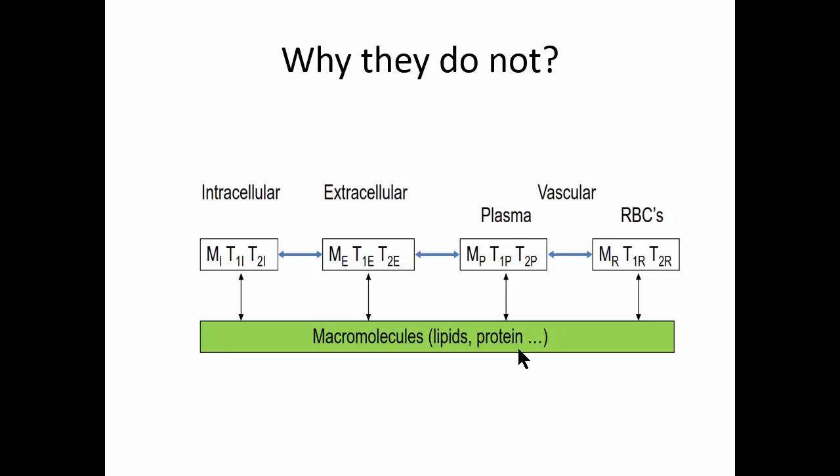This is a pool of many, many proteins associated with these lipids and proteins. And those proteins also have an NMR signal. We don't measure them typically unless we are doing spectroscopy. But bear in mind that those proteins also exchange with water.